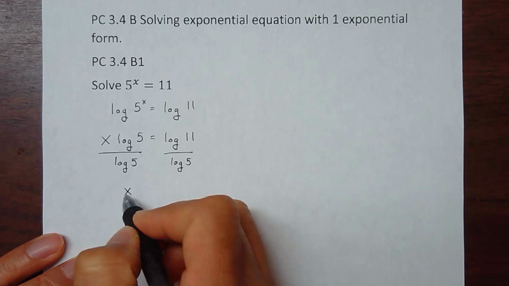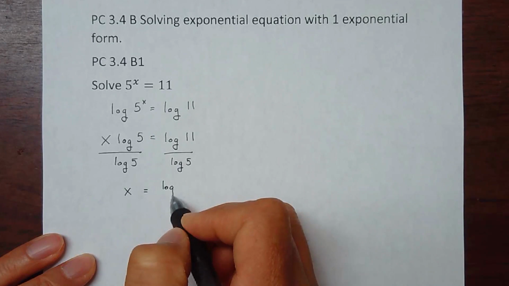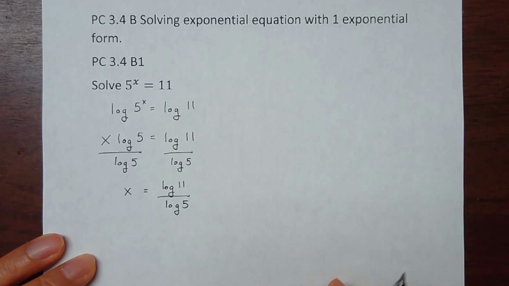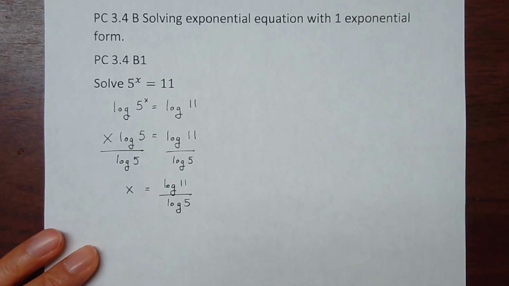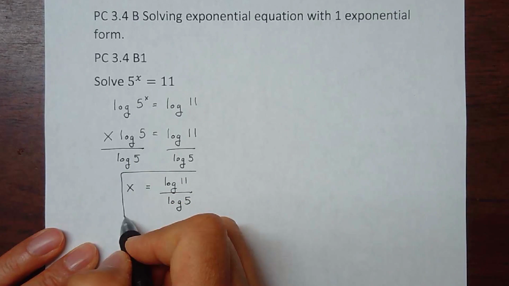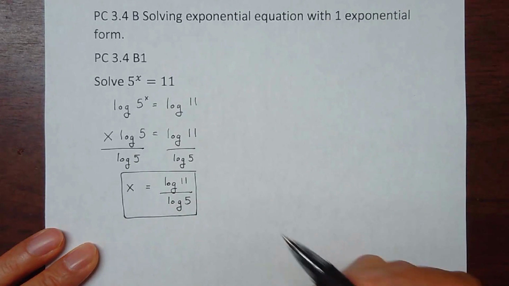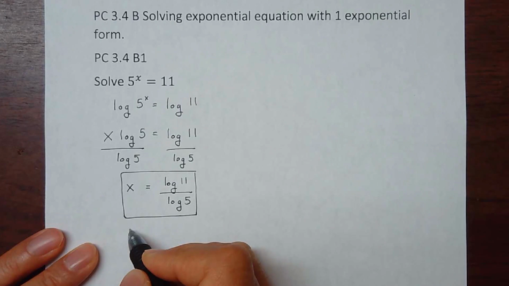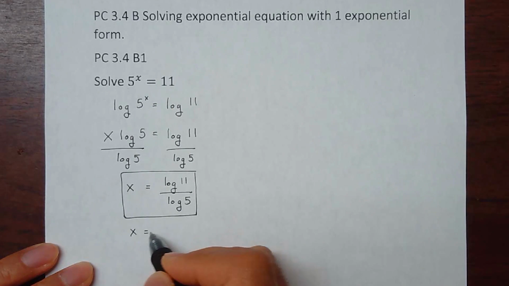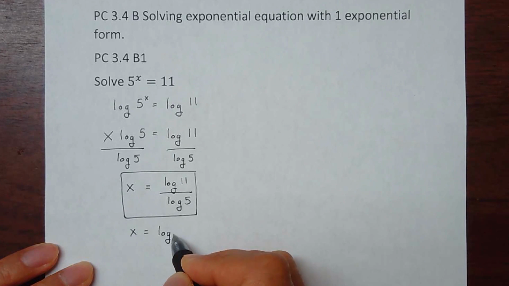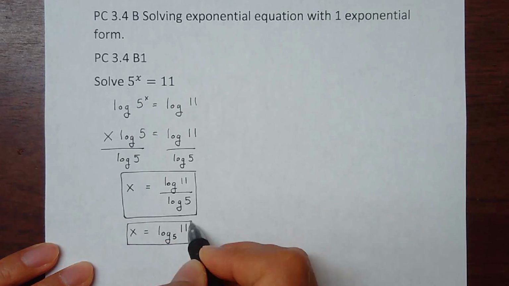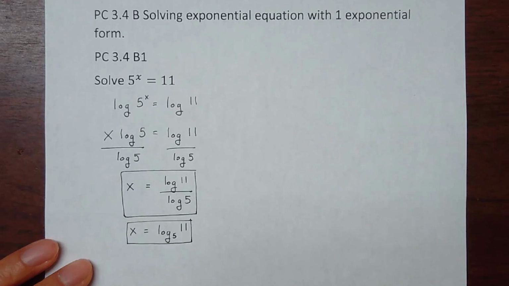So x equal to log 11 over log 5. If this is no calculator, you're done. Using the change of base formula, you could have expressed that as log base 5 of 11. So either of them could be a good answer.